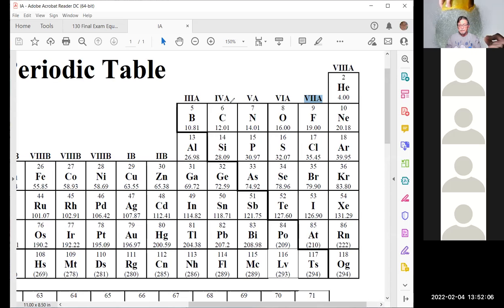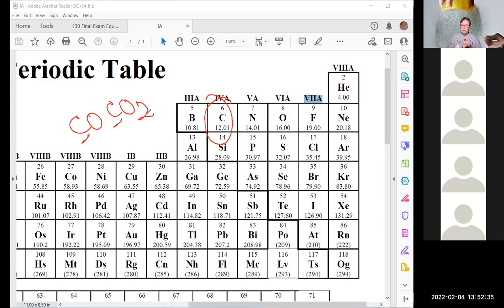Carbon's number 6. Carbon has 6 protons, 6 electrons. So earlier when we talked about carbon monoxide or carbon dioxide, 2 different forms, types of carbon, what they have in common is that the carbon in carbon monoxide and the carbon in carbon dioxide still has 6 protons, okay?